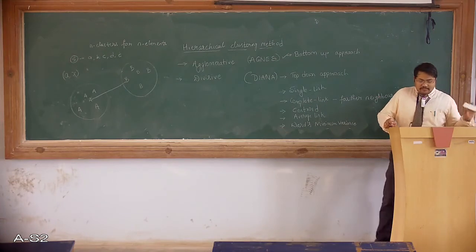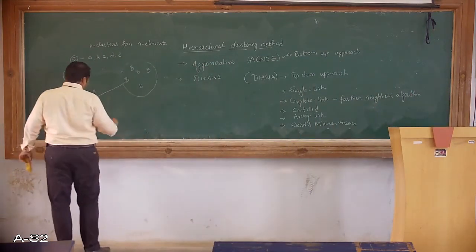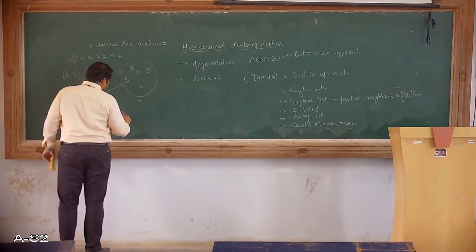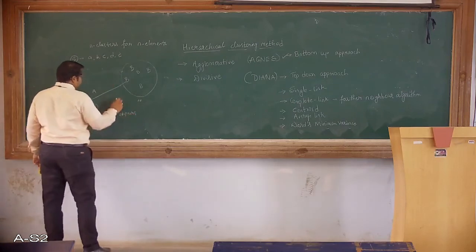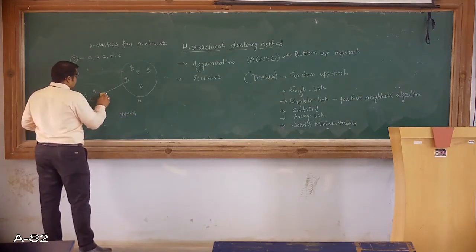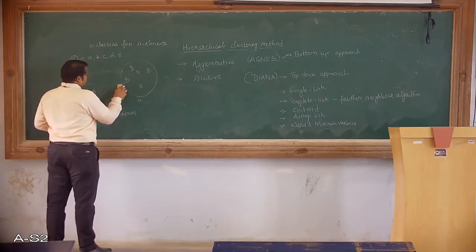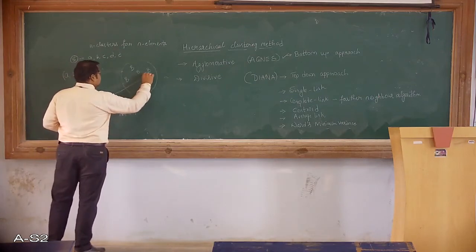So the same thing, it will be taking n values here and m values here. For all nm pairs, we are going to consider the distance, and the farthest distance between these two clusters will be considered.